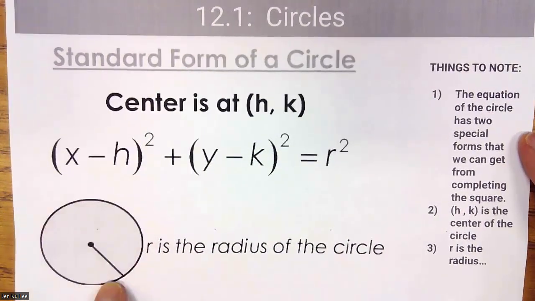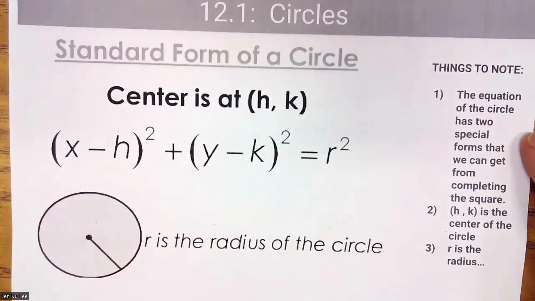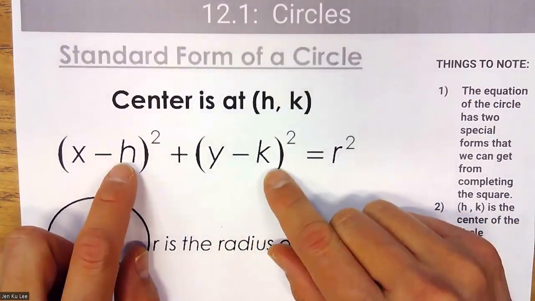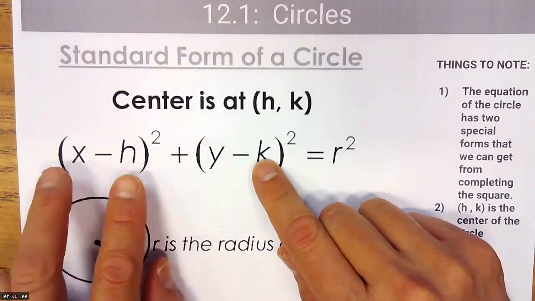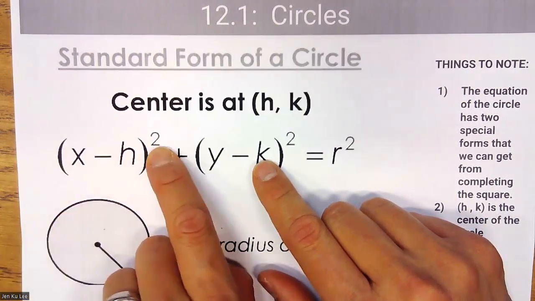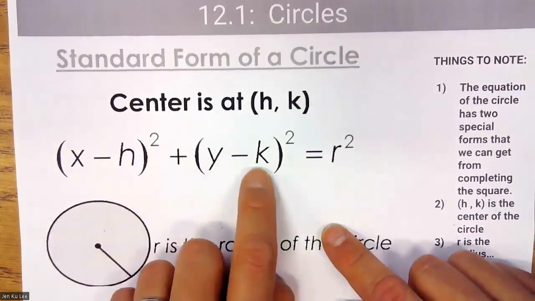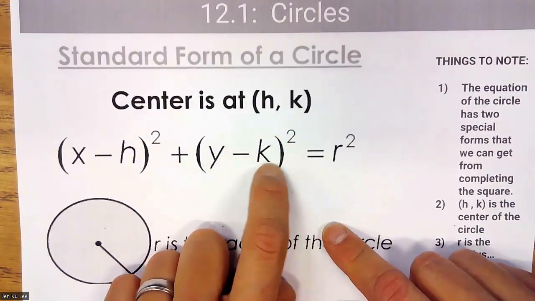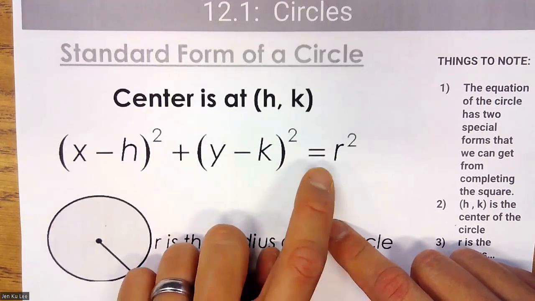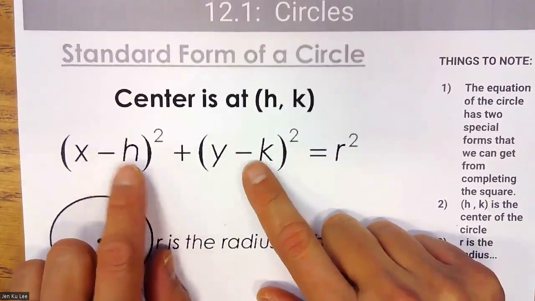It should be more of a circle and not an ellipse or an oval shape. So the center is at h comma k, and notice that it's x minus h quantity squared, completing the square part here, equals r squared.